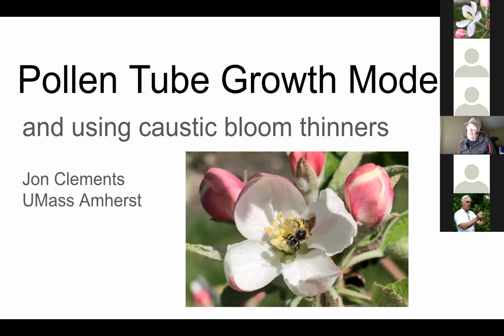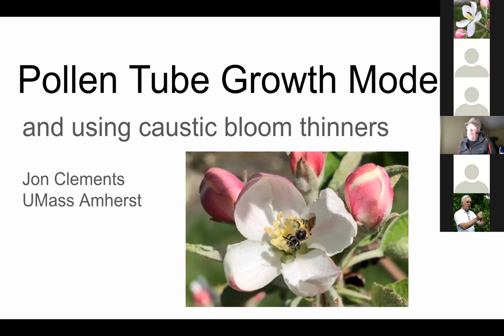And they were looking for a way to better time their sprays because they were just basing it on the degree of bloom. So what this model does is it models the rate of pollen tube growth from when pollen is deposited by bees, presumably, on the stigma and moves down the style.